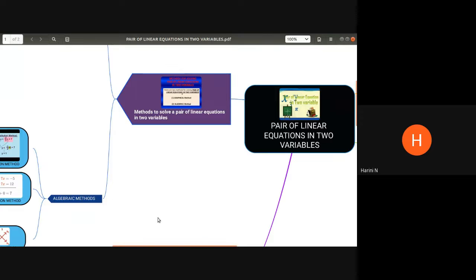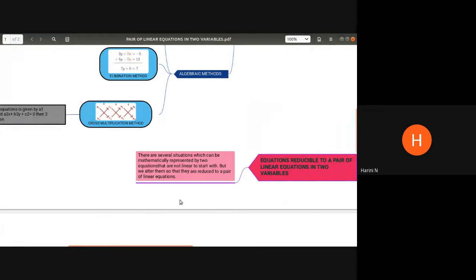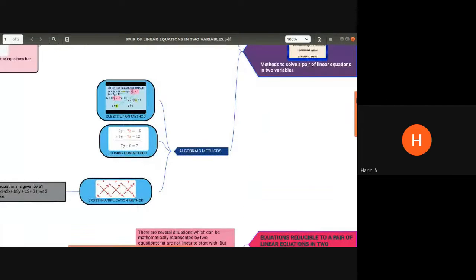And in these algebraic methods, we have three major methods which will be discussed: the substitution method, the elimination method, and the cross multiplication method. These are three independent ways in which you can solve linear equations in two variables. You will get the values of x and y with any of these methods. So it is expected that you should know all these methods.